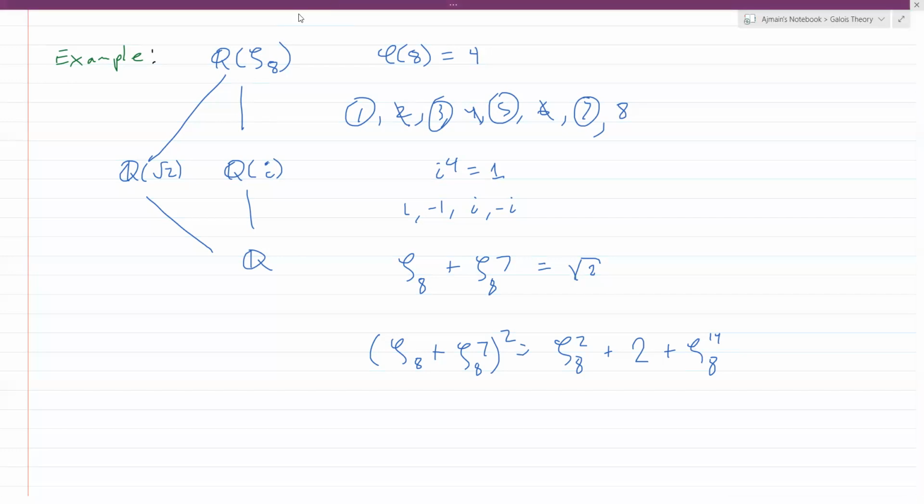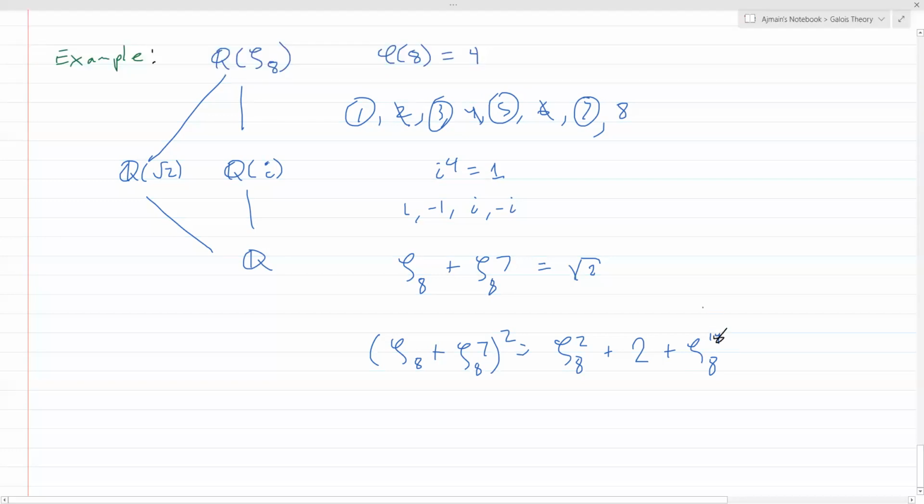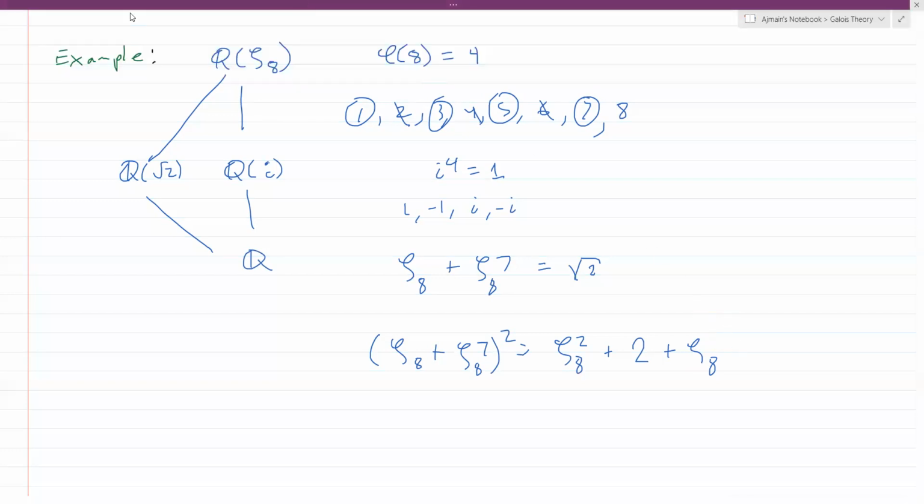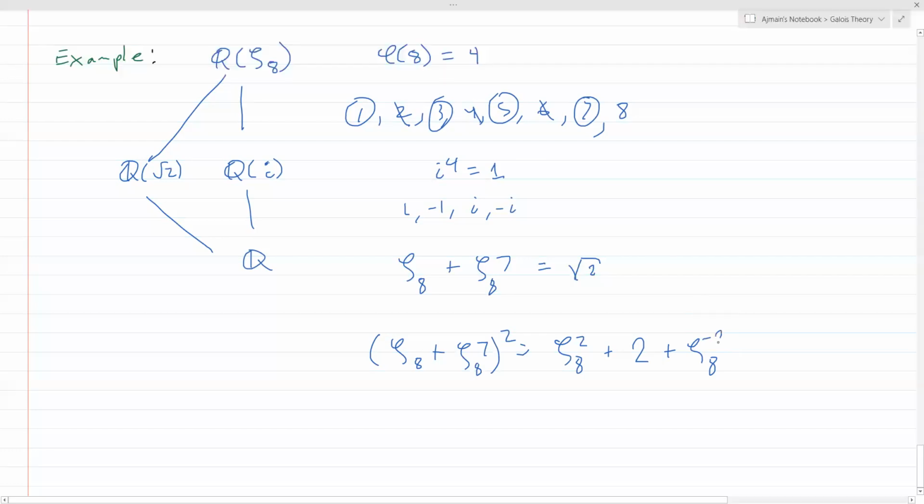So this is like -2 because 14 is like -2 mod 8. Right, 16 minus 2 is 14.